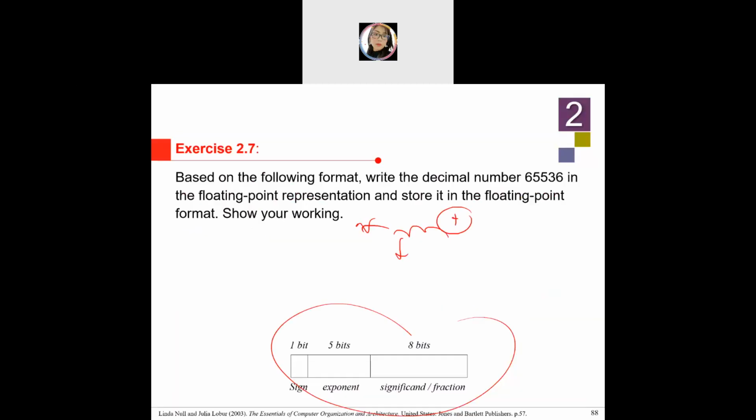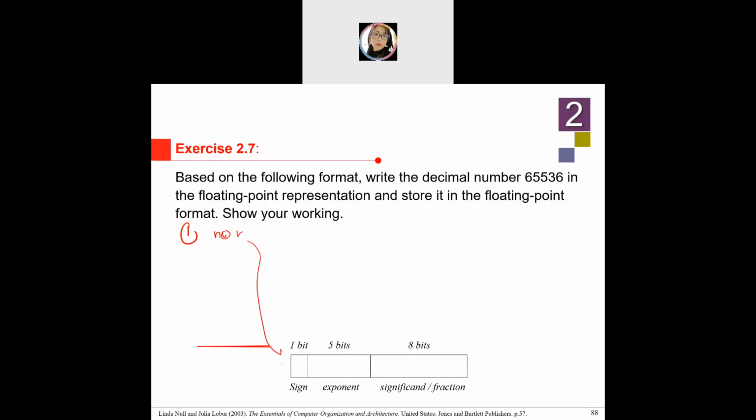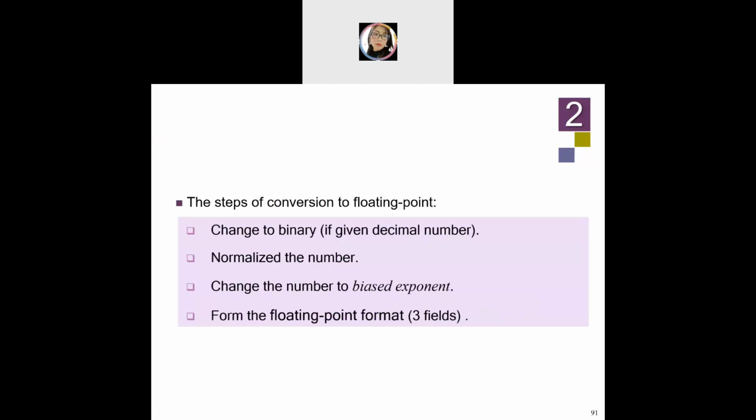Just now, how many steps did you have? First, you do the normalization, you convert, and then you do the normalization, and you put it directly into the format. But now you have 4 steps. First step, of course, you need to change to binary if the number is decimal. Similar to the previous step, isn't it?